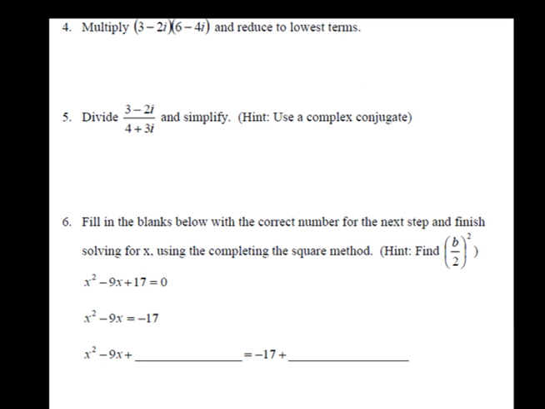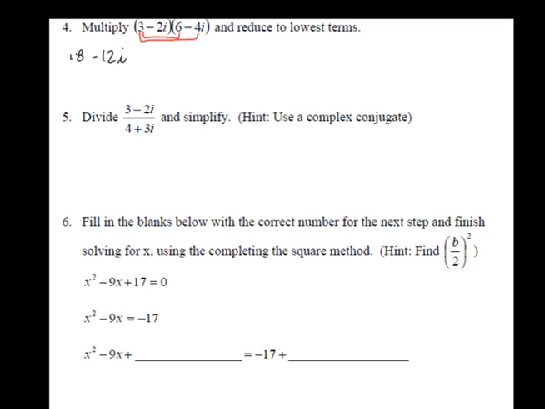Looking at number 4. Number 4 says multiply and reduce to lowest terms. So here, we're going to be doing FOIL. I'm going to multiply my first two together. 3 times 6 is 18. Then we're multiplying my 3 times my -4i. That gives me -12i.